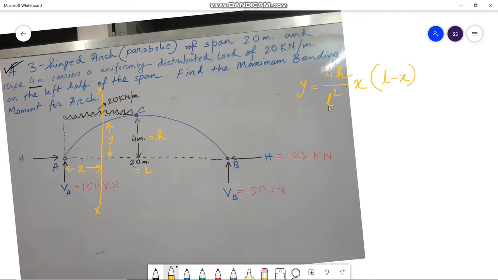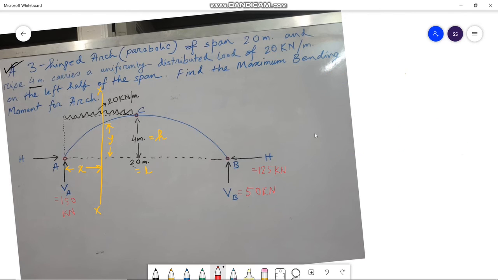So putting the value of h equals to 4 meter and L equals to 20 meter, we get 4 into 4 by 20 square into x into (20 minus x). We get y equals to 1 by 25 into x into (20 minus x).